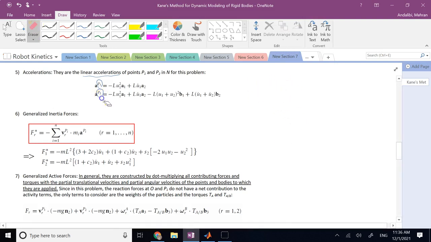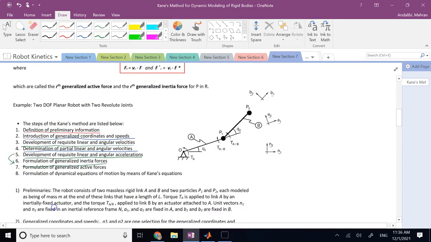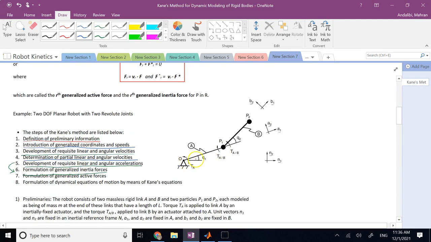Okay, so now how do I find them? Again, as I said, basic rigid body kinematics. So what is A of P1? P1 is rotating about the fixed point.